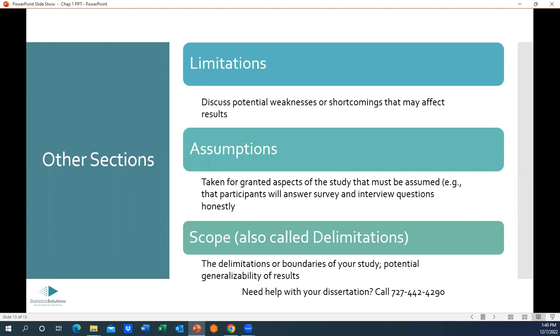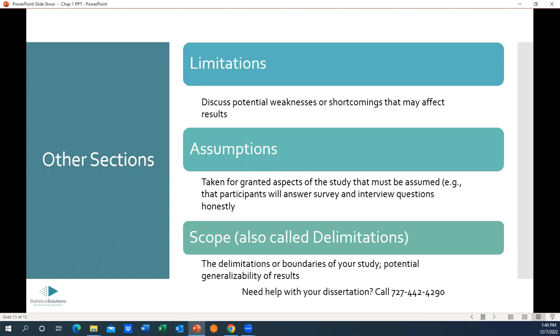And a way to help ensure that is to assure them of the anonymity of their responses, assure them that the material is confidential. That will help to increase their willingness to be honest. But it's one of these major assumptions that you just have to assume. You have to take for granted.